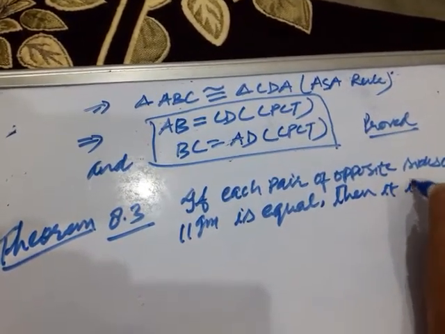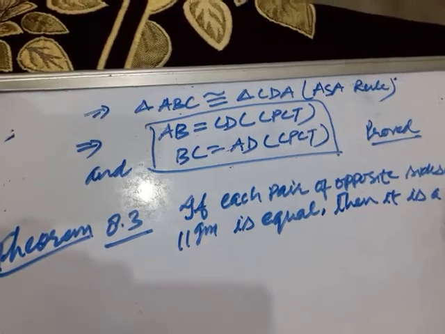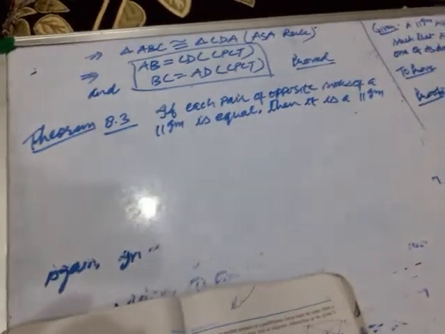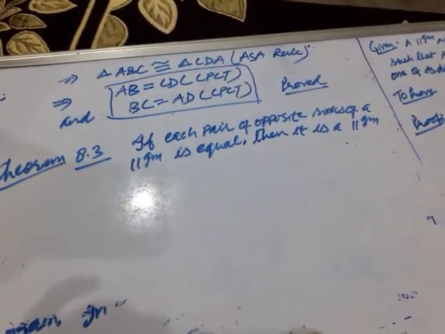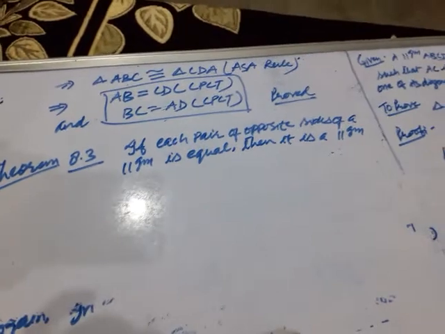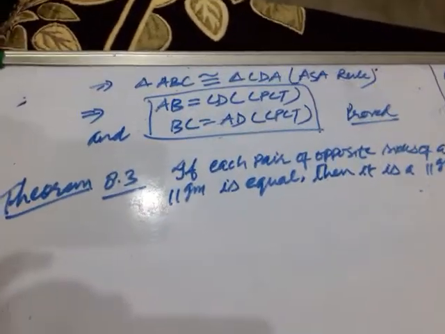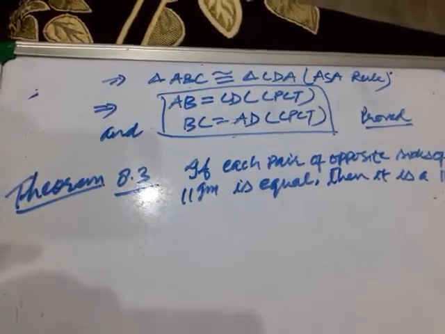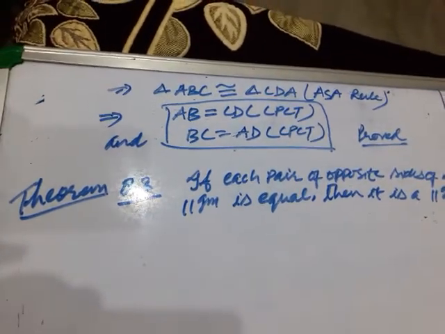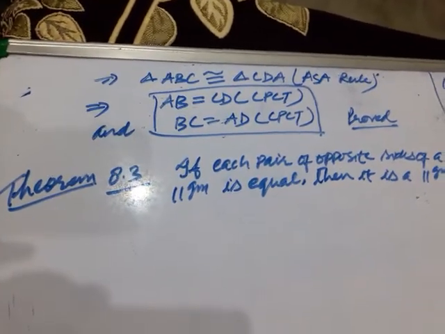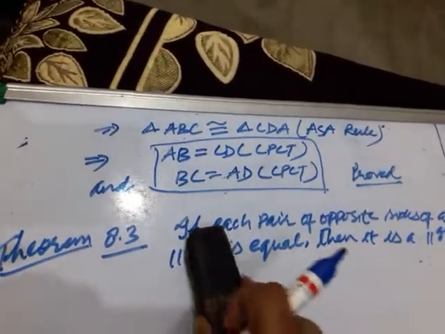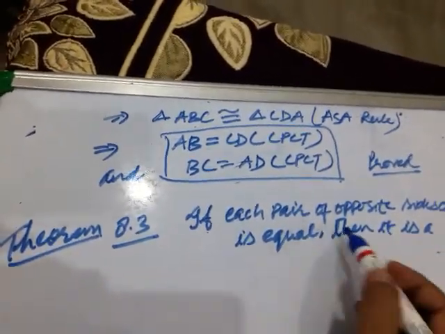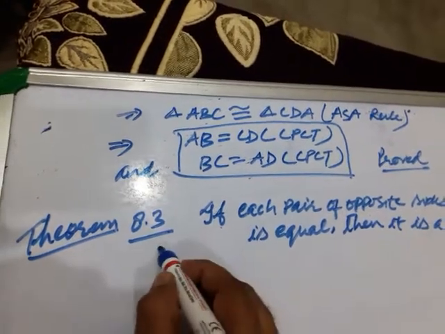Actually, children, this is the converse of theorem 8.2. Sorry, this is: if each pair of opposite sides of a quadrilateral. Okay, let us make the correction.